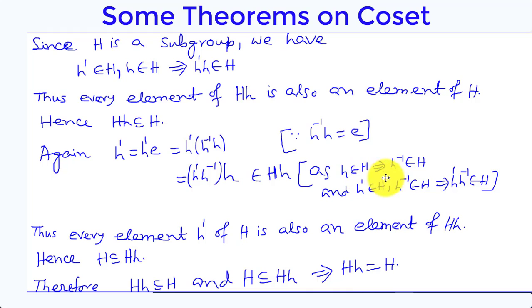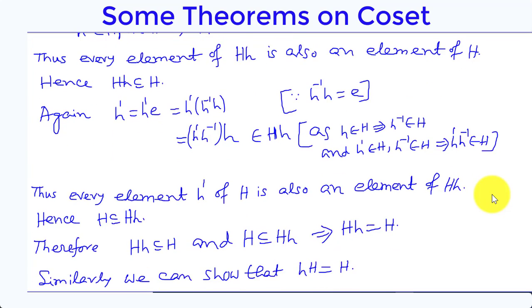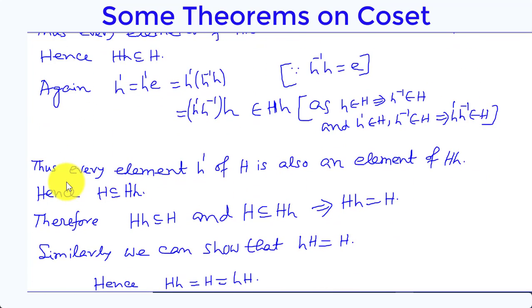As h belongs to H implies that h inverse belongs to H, and h' belongs to H, h inverse belongs to H implies that h'h inverse belongs to H. Thus, every element h' of H is also an element of Hh. Hence, H is a subset of right coset Hh.